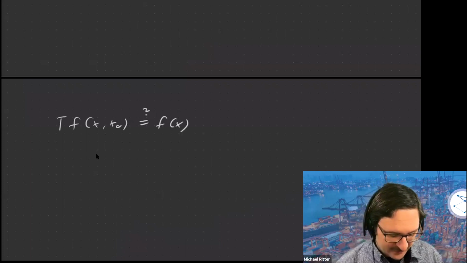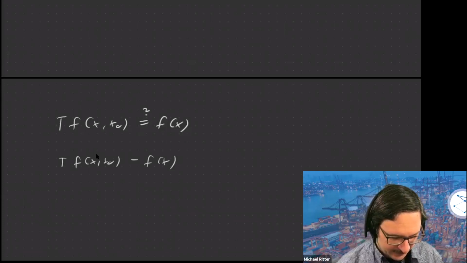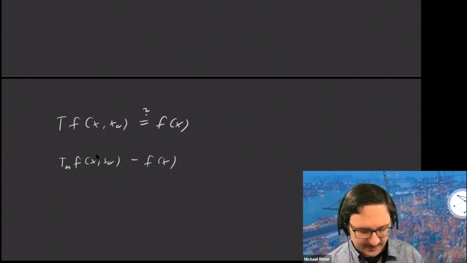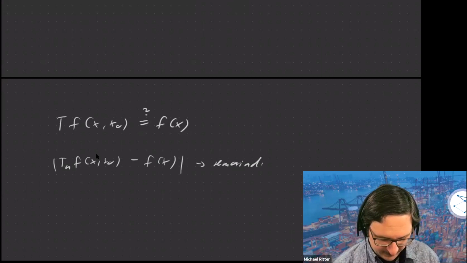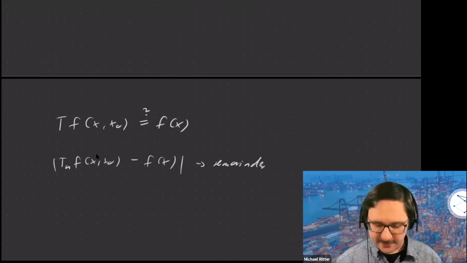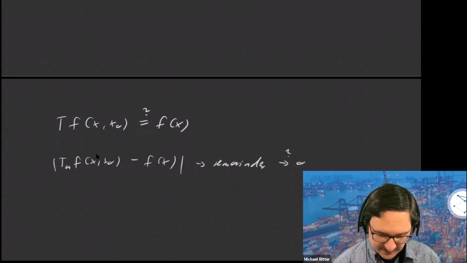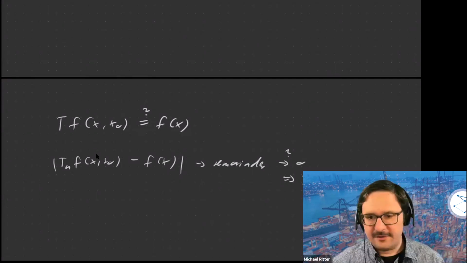So the remainder is basically the difference of those two for a certain n. That's our remainder. And if that goes to 0, then that would mean that the Taylor series actually converges to f of x.